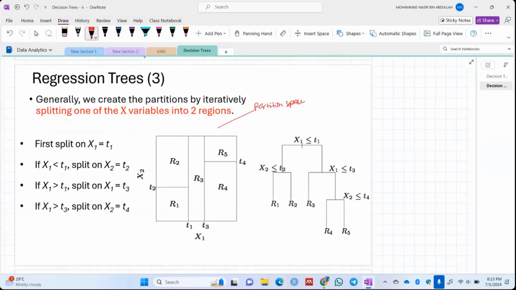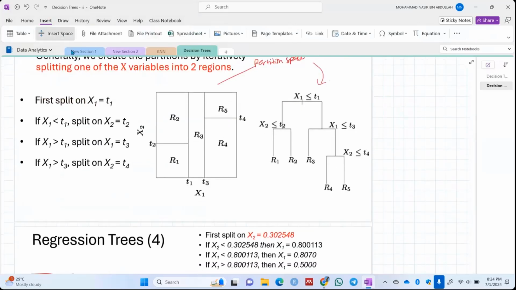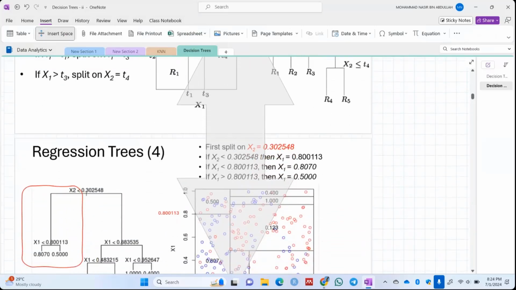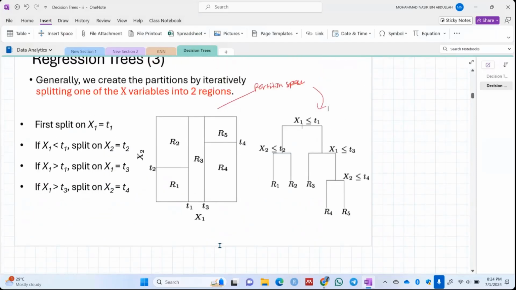And this is the tree diagram. So let's say in a test or in the exam, I give you a partition space like this, and I want you to create, develop, or construct a tree diagram.